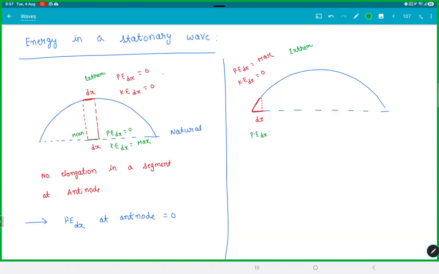At the mean position, potential energy at dx is zero, kinetic energy at dx is also zero, so both are zero. Node never moves, so kinetic energy of a small segment at a node is always zero. So we can clearly see from here the total energy of a segment is not constant except that one special case, lambda by 8.